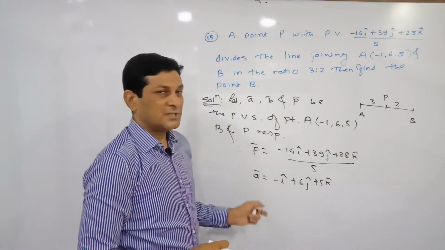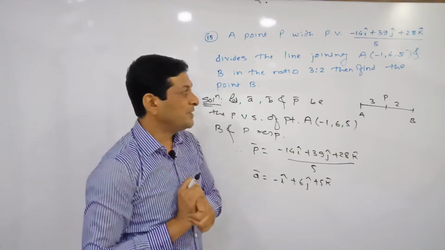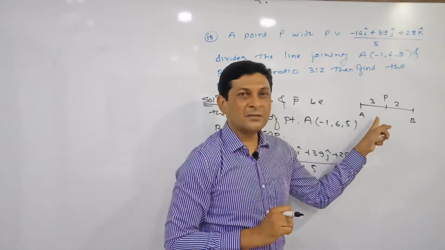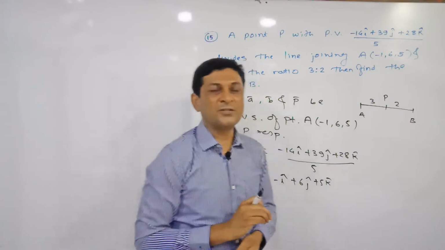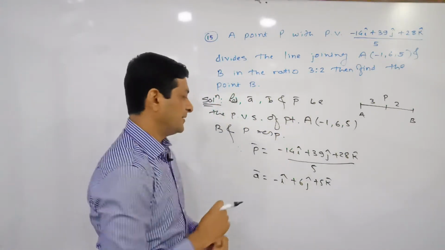Now using this we are trying to find the coordinates of point B. Since point P divides segment AB in the ratio 3:2, if a ratio is given we can apply the section formula.